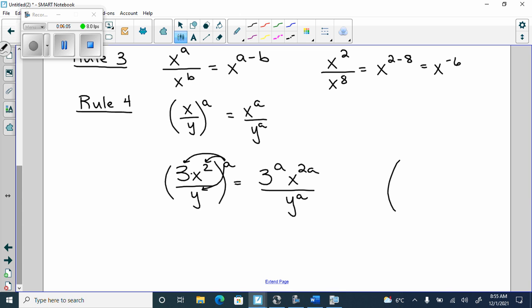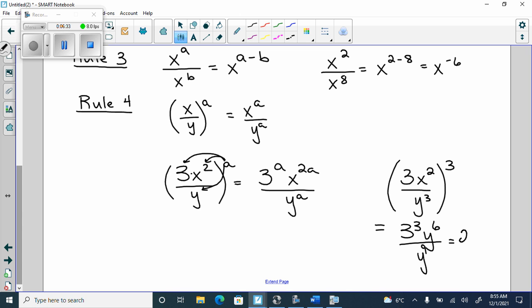So let's give it with actual numbers. 3x squared y cubed to the 3. Try that one. It would be 3 to the 3, x to the 6 over y to the 9.